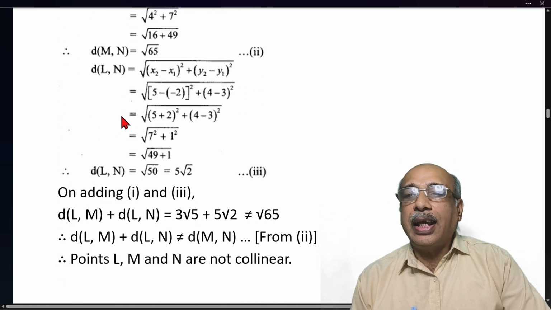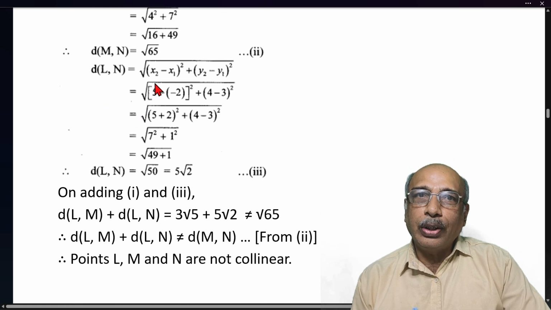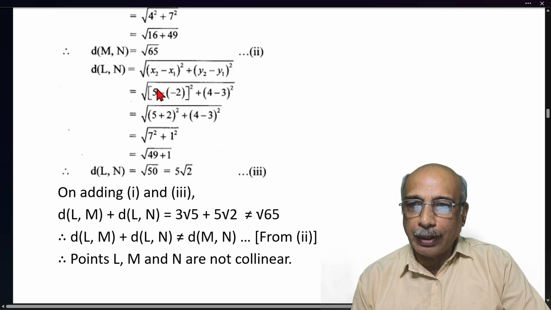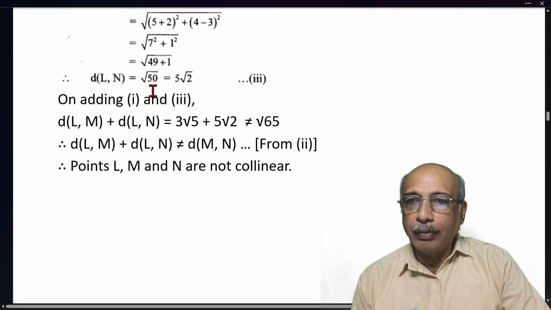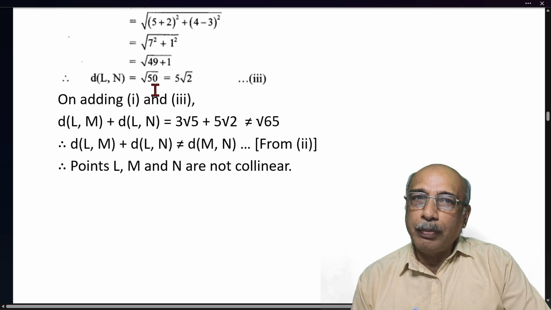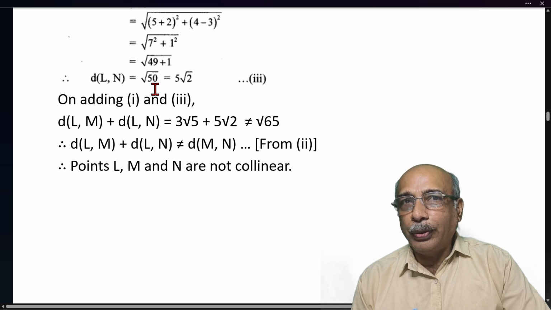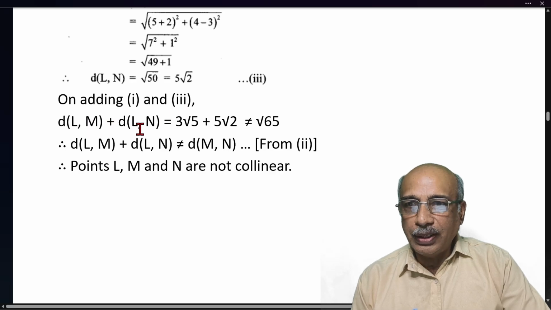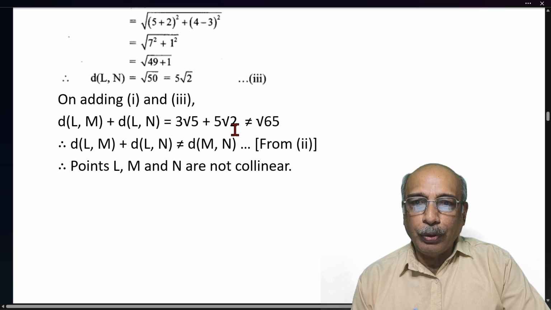And distance LN equals, again using the coordinates of points L and N, we have to substitute the values and calculate the distance LN. It comes to root 50. 50 means 25 into 2, so it equals 5 root 2. On adding the two smaller segments, we get distance LM plus distance LN equals 3 root 5 plus 5 root 2.